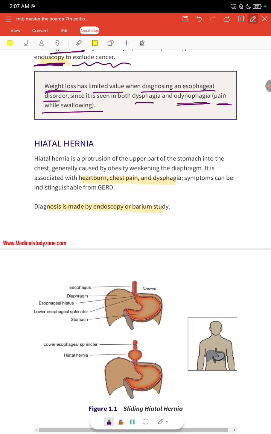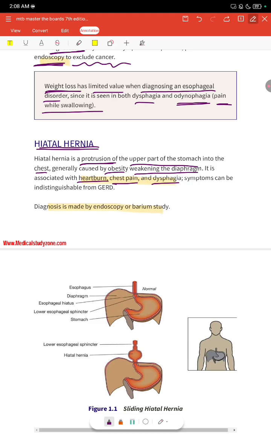Hiatal hernia, as the name indicates, is a protrusion of the upper part of the stomach into the chest, generally caused by obesity, weakening of the diaphragm. It is associated with heartburn, chest pain, and dysphagia.